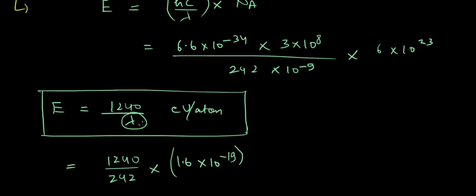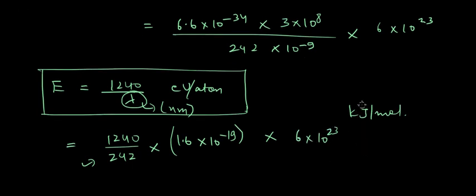I hope you remember that we took lambda in nanometer, so no need to add any exponential power, so it is correct as it is, 242 in nanometers itself. So it is per atom, and there are 6 × 10²³ atoms in a mole. Just multiply it with 6 × 10²³, so it would be per mole.